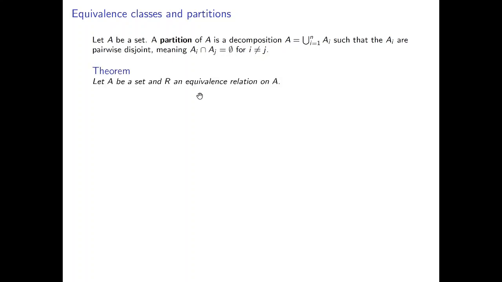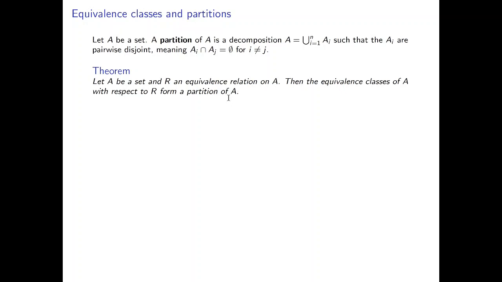So let's suppose we have a set A and we have an equivalence relation R on that set. Then if we consider the different equivalence classes of the set A with respect to the relation R, then these form a partition of my set A, right? So I'll have some given set and some relation on this set.